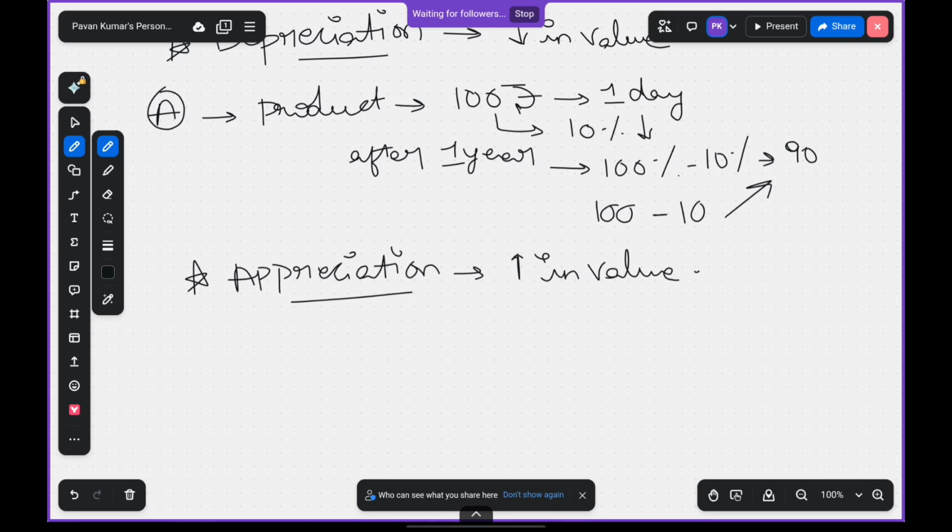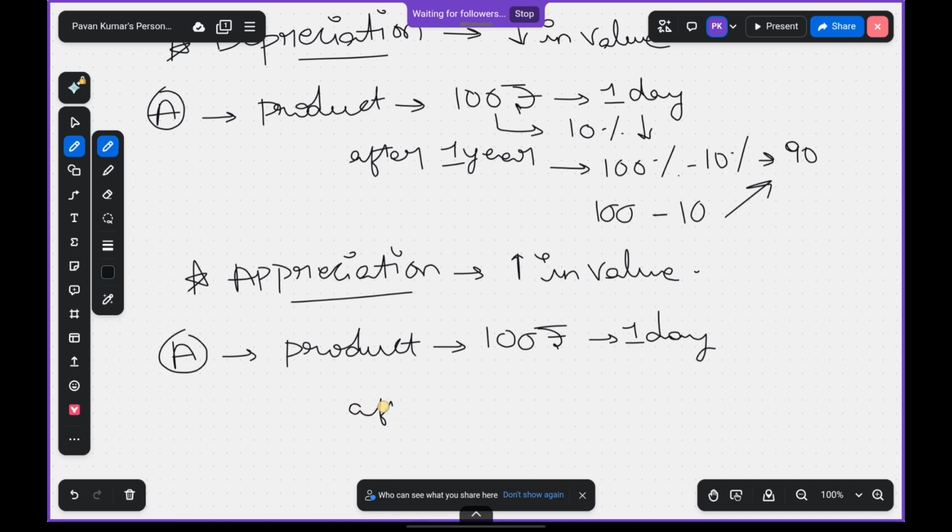In the appreciation, let's say A has purchased a product, and let's say the value is the same, 100 rupees on day 1. So after a year, it has appreciated by 10%.